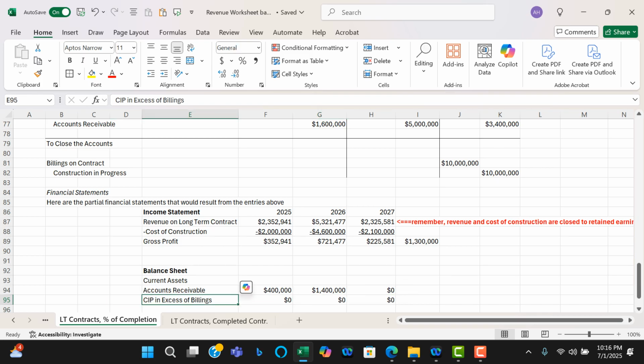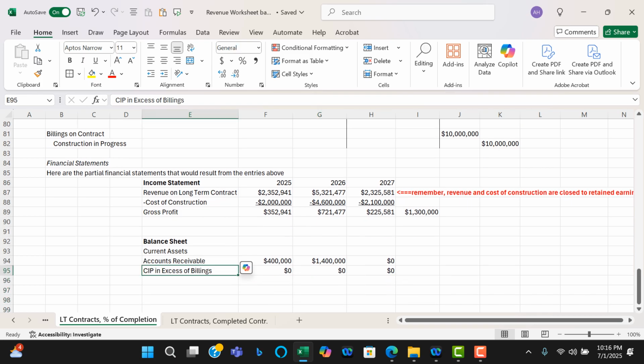Okay, now the final thing here could be something very important. There's a rule for this system of accounting, which says that construction in progress is like inventory, and billings are like a liability.